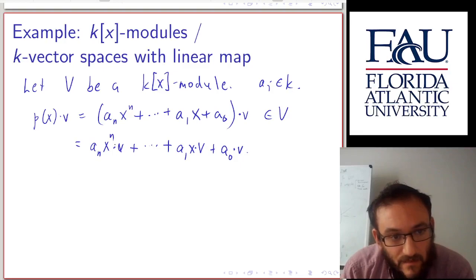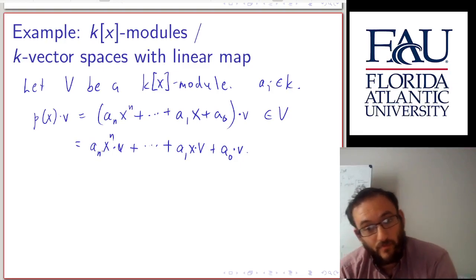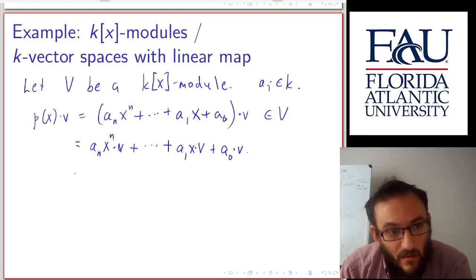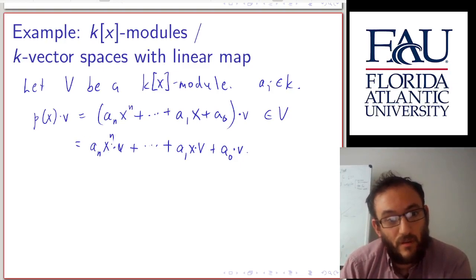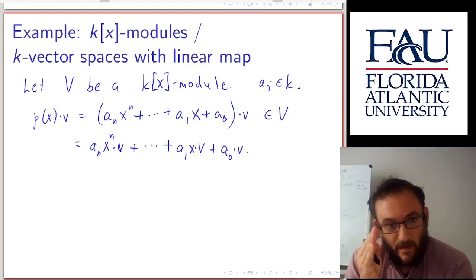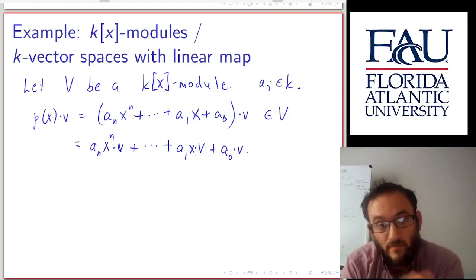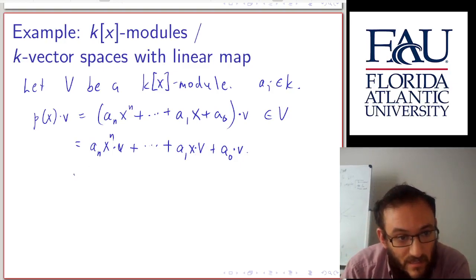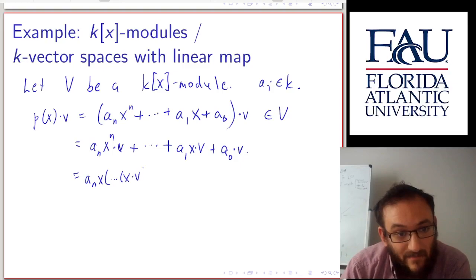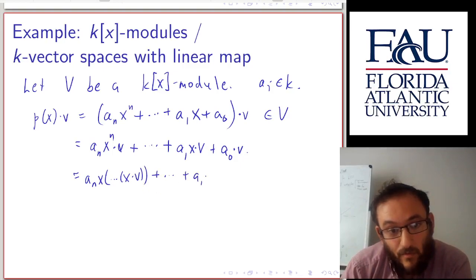And by one of the axioms of the module, you have to be able to multiply. For instance, for x to the n, I need to be able to do one multiplication by x at a time. So this is really a_n x dot dot dot x dot v, etc., a_1 x dot v plus a_0 v.